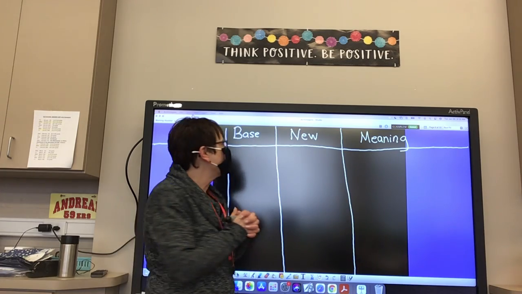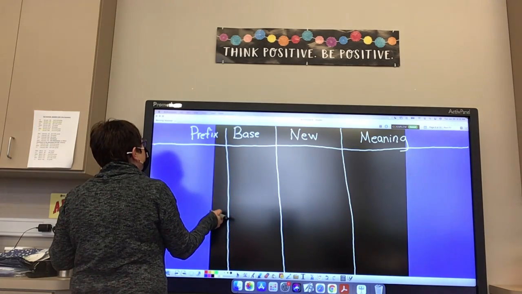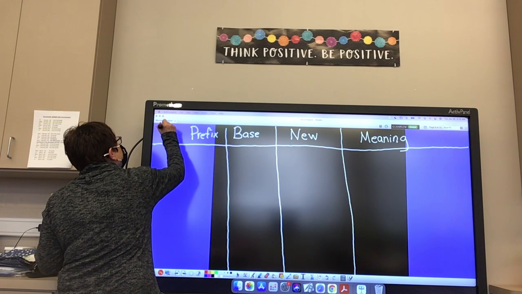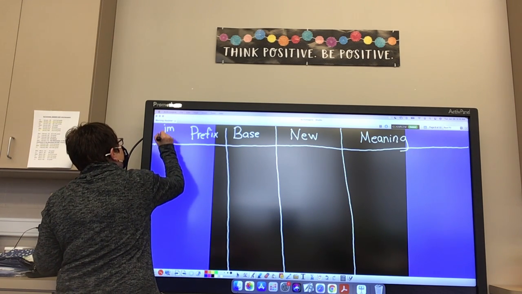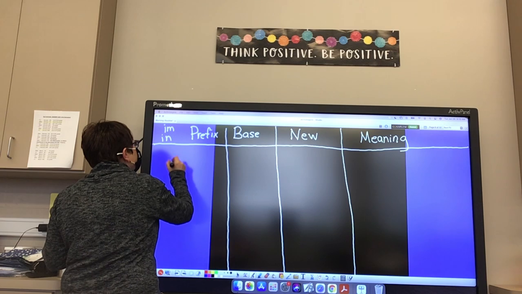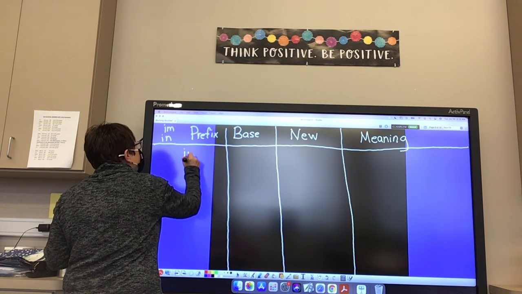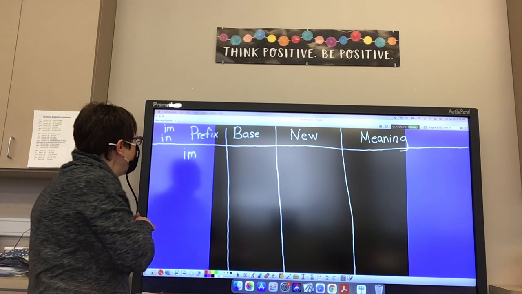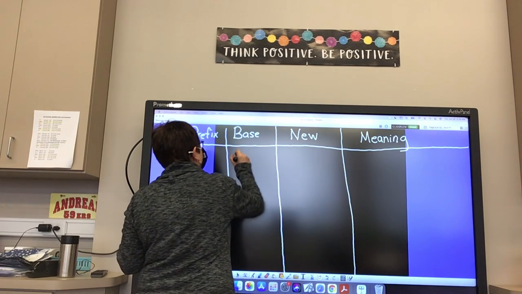Okay, so our first prefix we're going to work with is, and so these are our prefixes, IM and IN. So first we're going to work with IM, which means into. And here is going to be our base word, which is press.